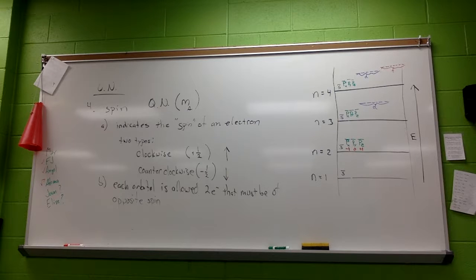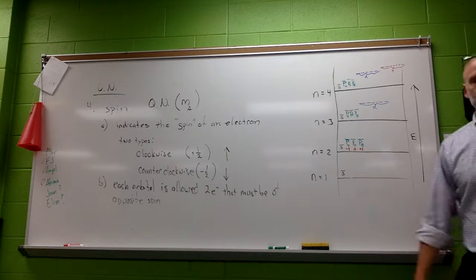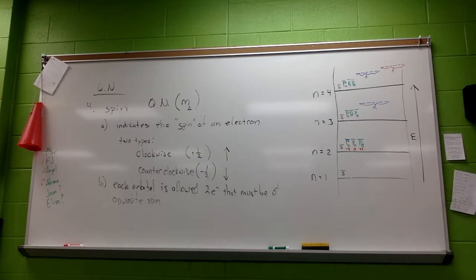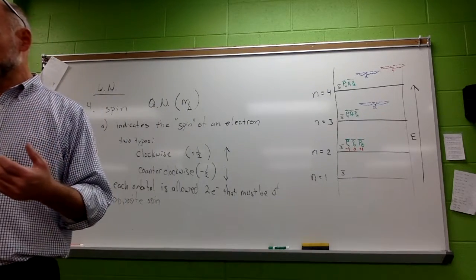So each of the individual little orbitals is only allowed to have a maximum of 2 electrons. But those 2 electrons, if they're going to be in an orbital together, have to be of opposite spin. Why is that? Well, first of all, do electrons want to be next to each other anyway? No, because they're like charges. Like charges have a tendency to repel. However, they can tolerate each other if they have opposite spin.